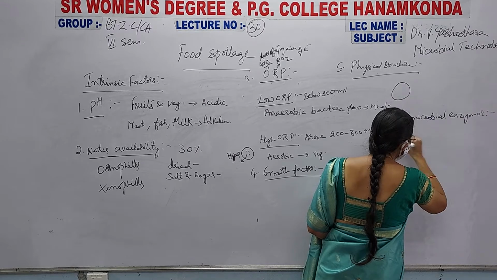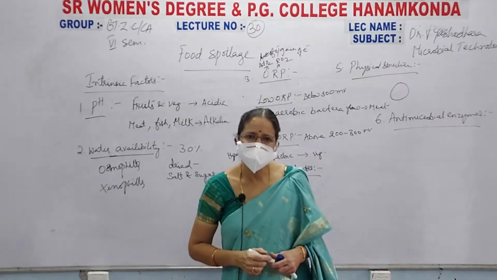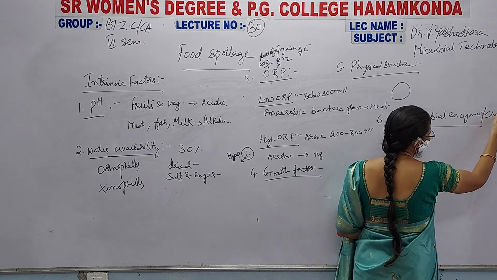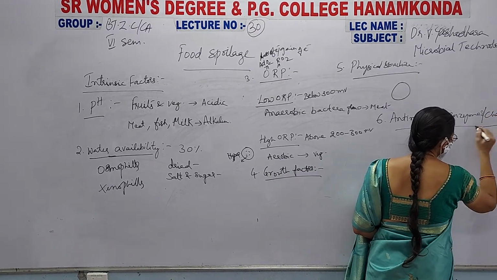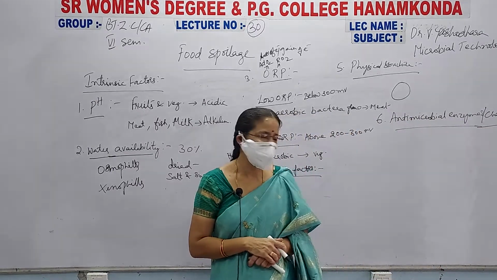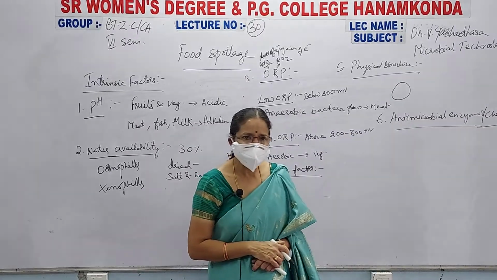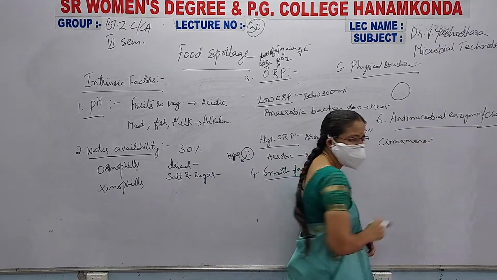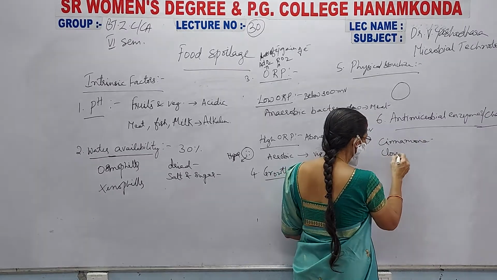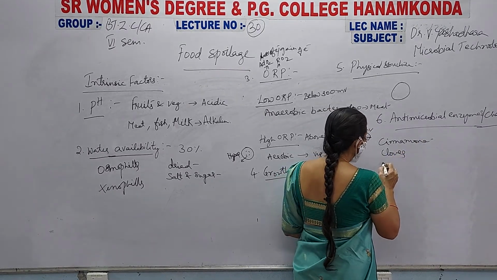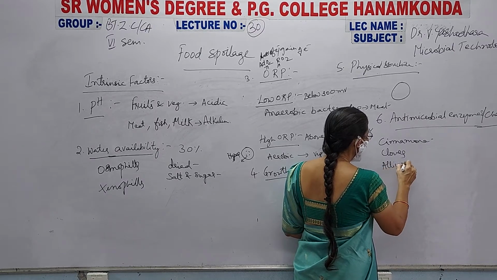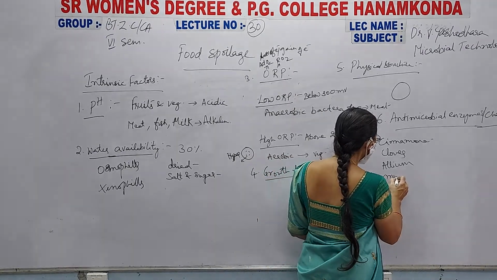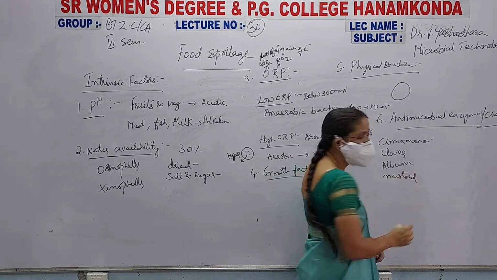What are antimicrobial enzymes? The antimicrobial enzymes, or you can call them antimicrobial chemicals also. These are substances. Examples are cinnamon, cloves, allium, which is garlic, mustard.